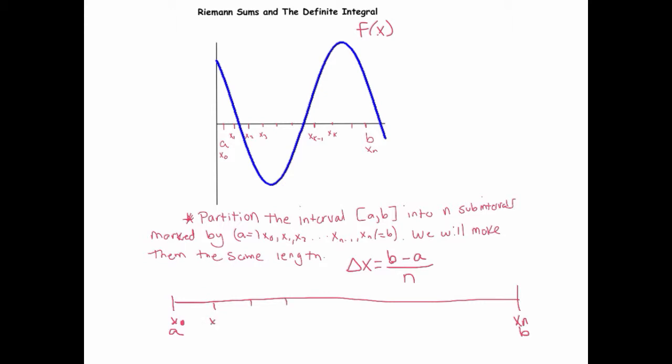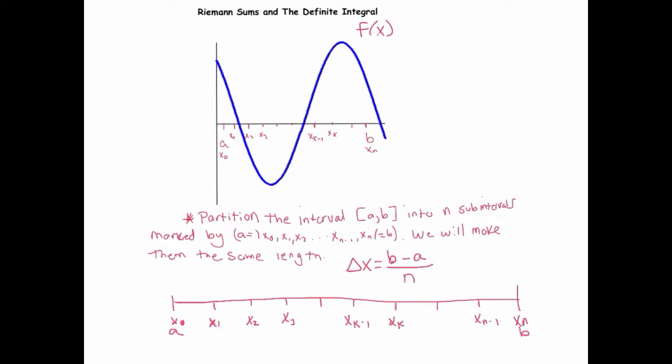So this would be x sub 1, this would be x sub 2, x sub 3, etc. The generic one would be x sub k, and the one right before x sub n would be x sub n minus 1.